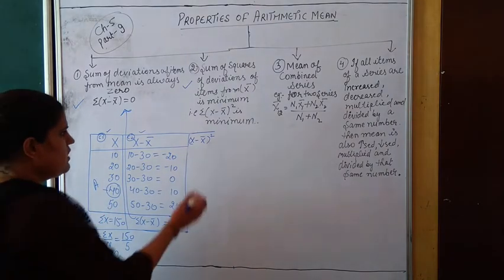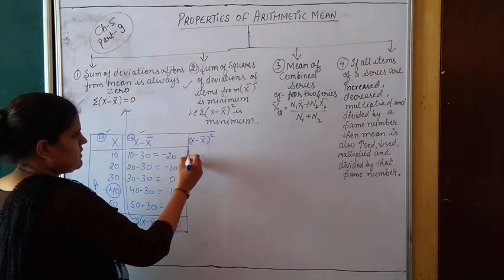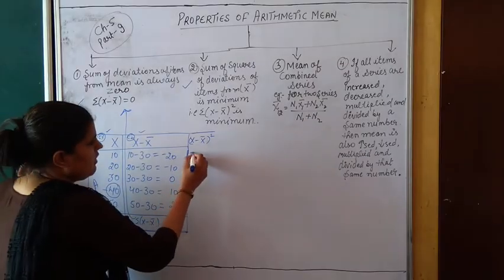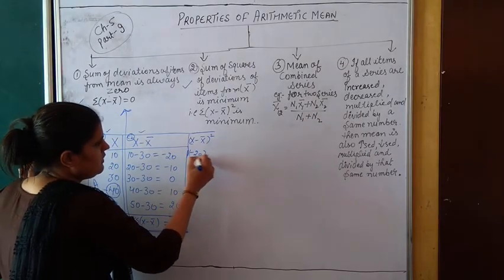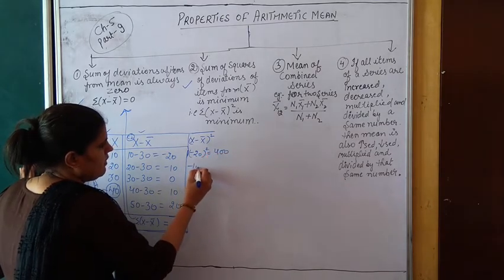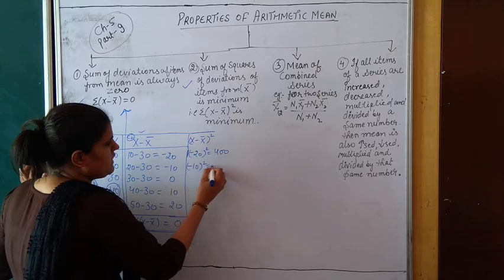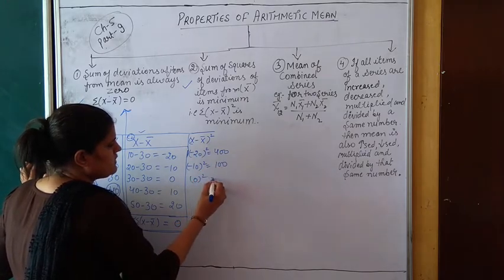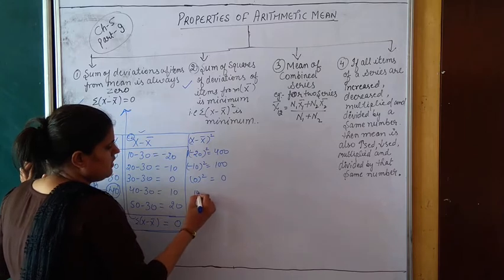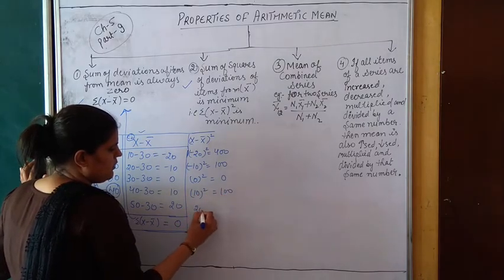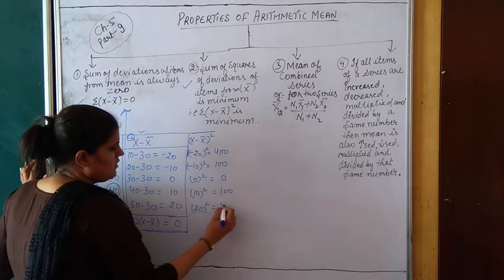Clear, बच्चे? So now I am doing (x minus x bar) whole squared: minus 20 whole squared is 400, minus 10 whole squared is 100, 0 squared is 0, 10 squared is 100, and 20 squared is 400.